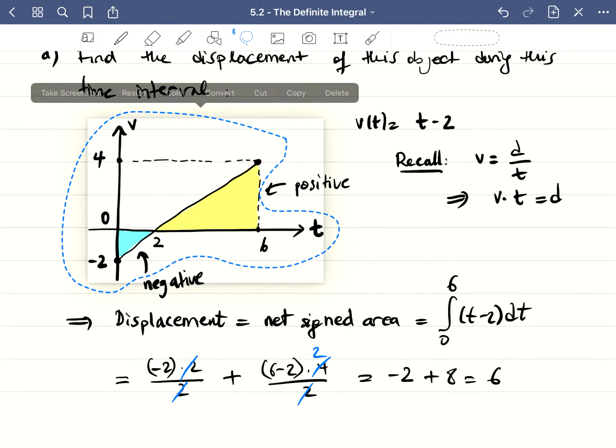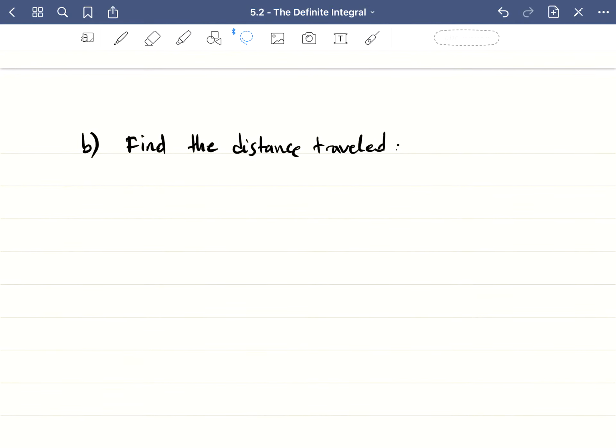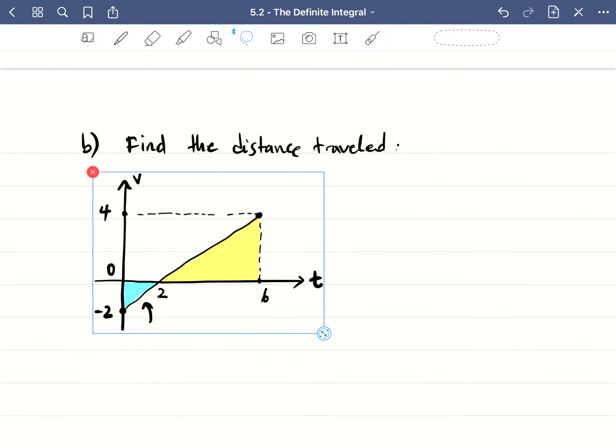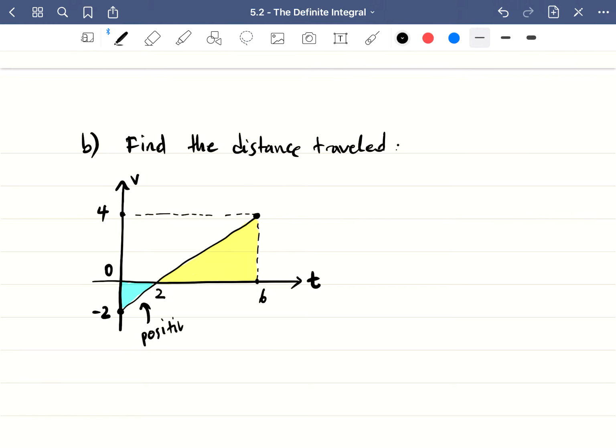Okay, copy and then paste. Okay, so now in this case both of these areas should be positive. This is also positive.